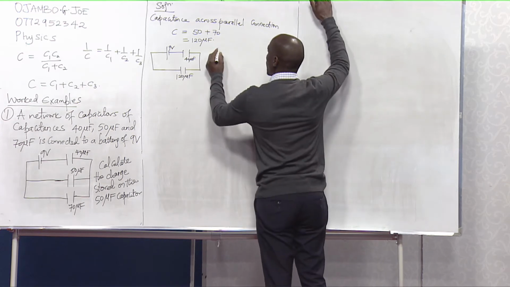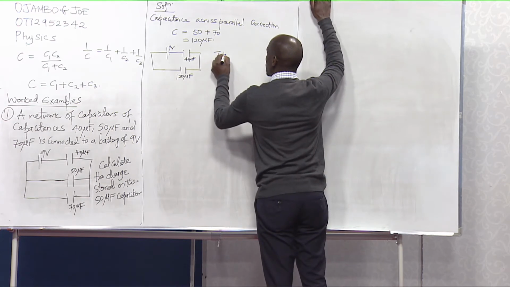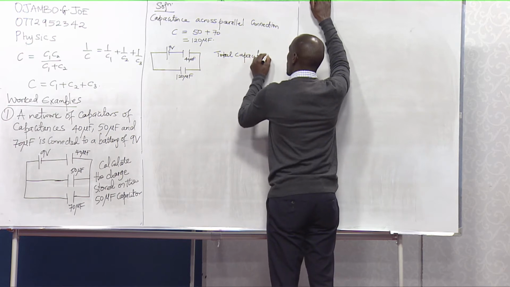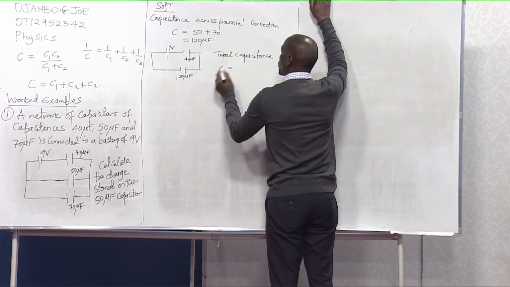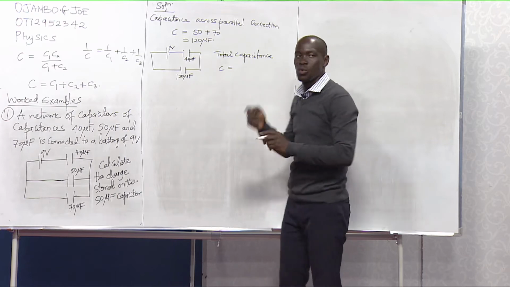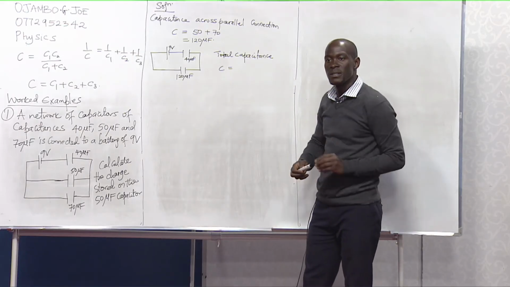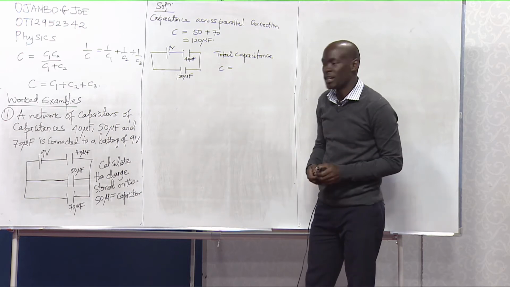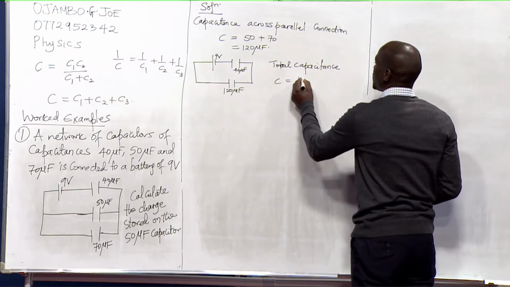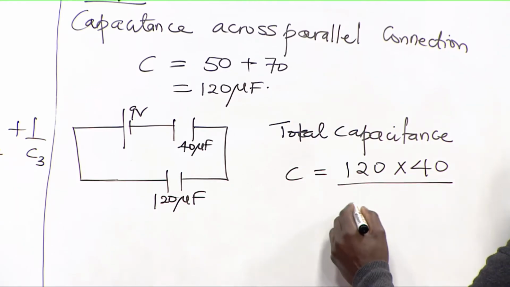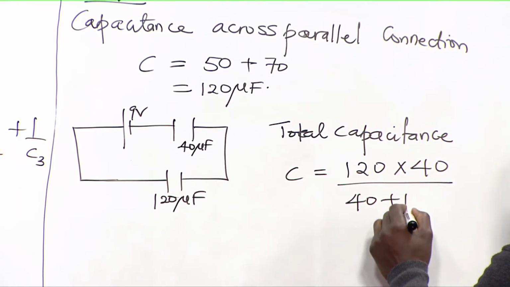From here, total capacitance C would be equal to, since now we are remaining with just two of them which are in series, 120 times 40 over 40 plus 120.